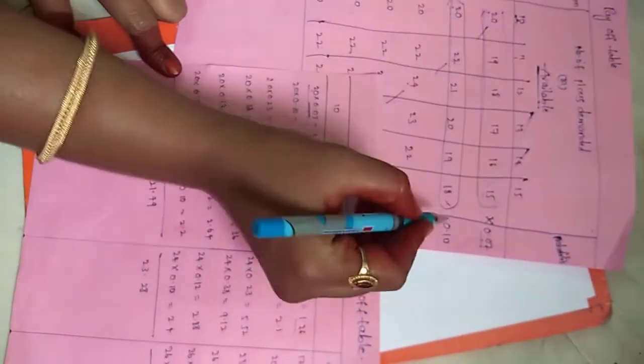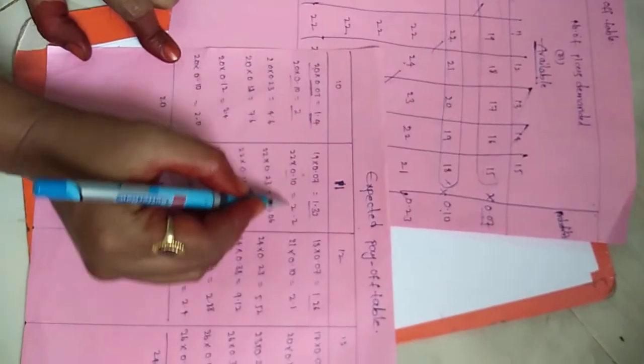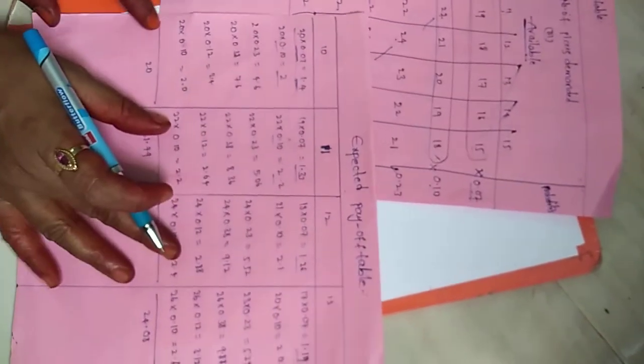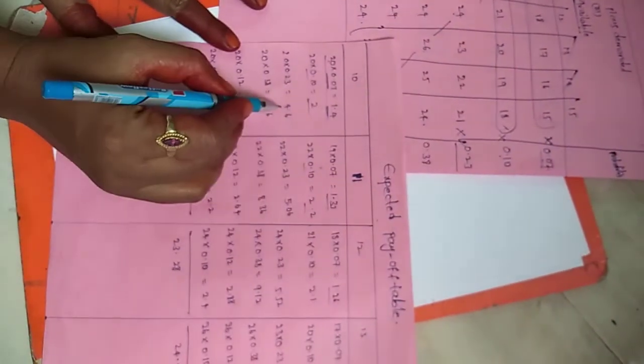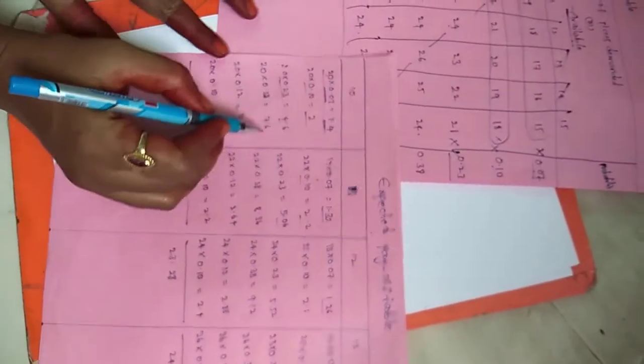Similarly, this entire row is again multiplied with this probability, and we get these values. Again the entire row is multiplied with this, and we get these values.